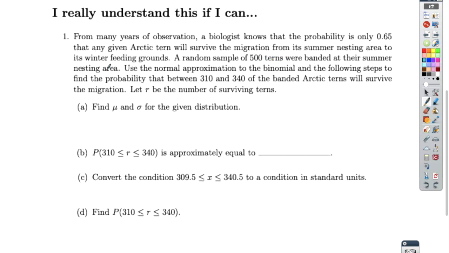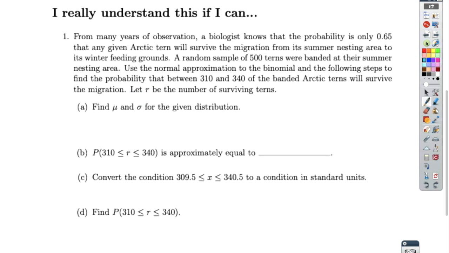Use the normal approximation to the binomial and following steps to find the probability that between 310 and 340 of these banded Arctic terns will survive the migration. Let r be the number of surviving terns. First of all, find mu and sigma for the given distribution.